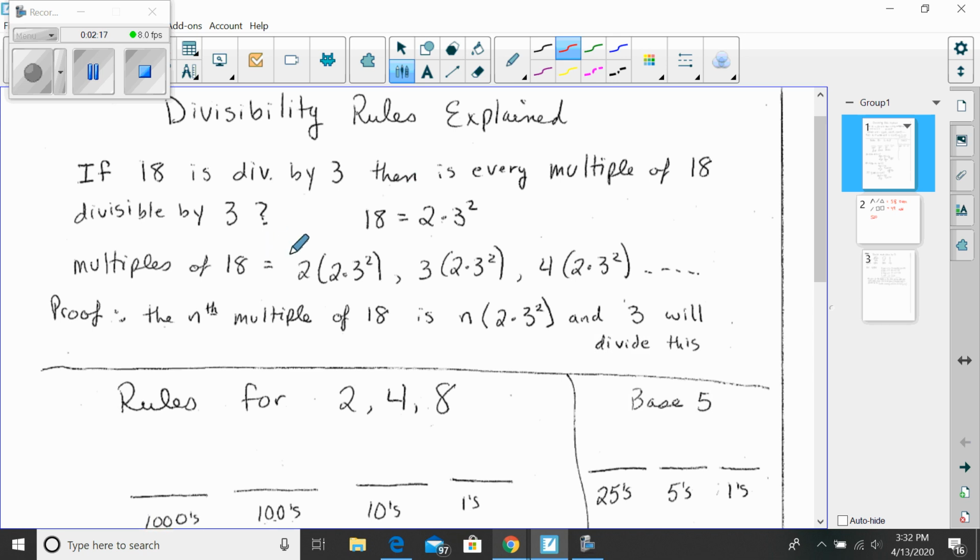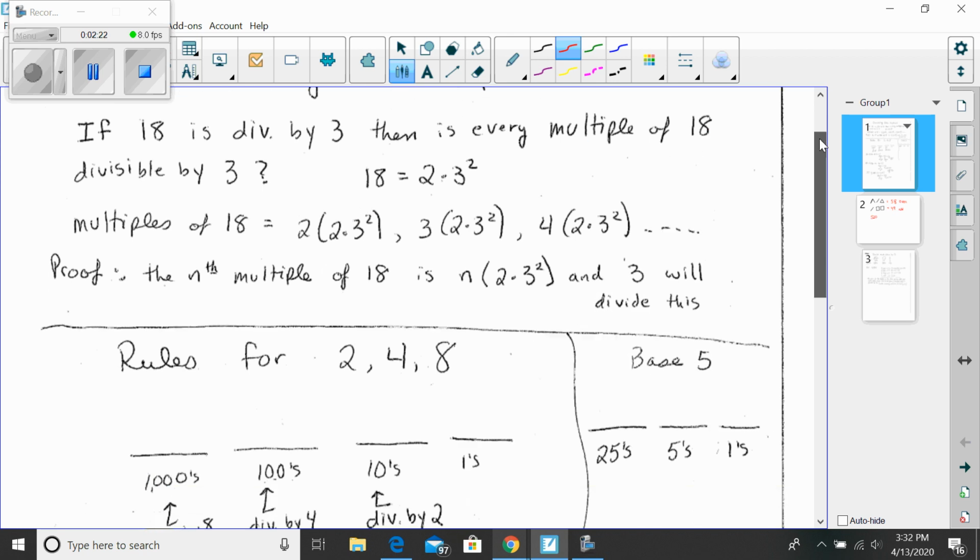All right, and so this would, again, if we were in real class, be on the board as a warm-up, right? And I would ask you to think about it, and I would hope you would notice that multiples of 18, every single one of them has this 3 as part of it, because 18 is made up of 3 squared, right? So I'm never going to get rid of this 3 by multiplying by 18, okay?